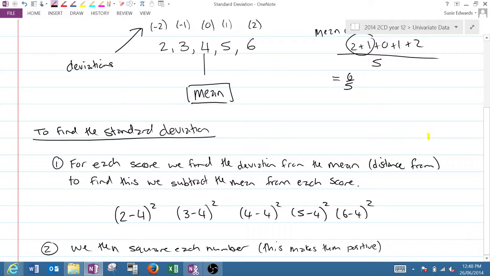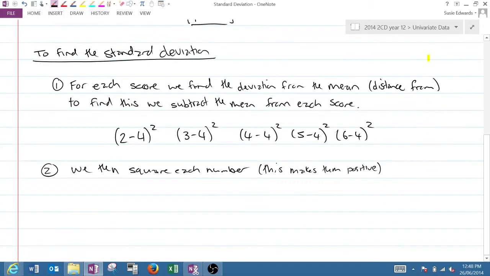Okay, so each number's bigger, but at least they're positive. So we've now made them all positive, but I said we had to find the average of these distances. So what do you think we mean when I say average? I actually mean the mean, okay? So I want to find the mean of these scores. What do you think I have to do to find the mean of these scores? I need to add them all up and divide by how many scores there are.